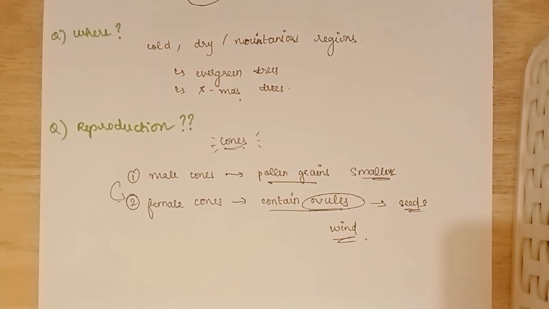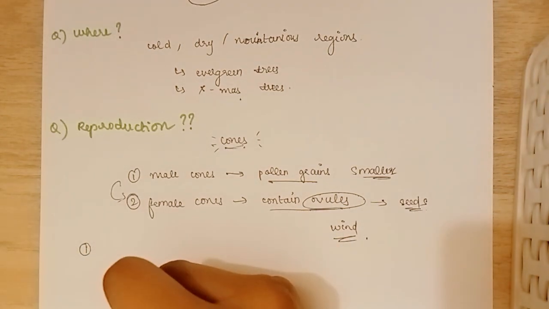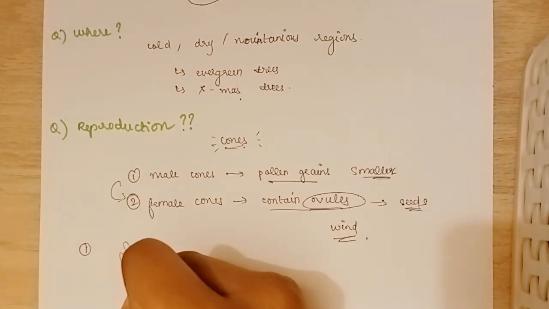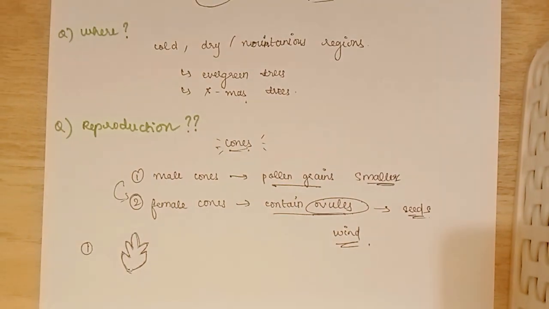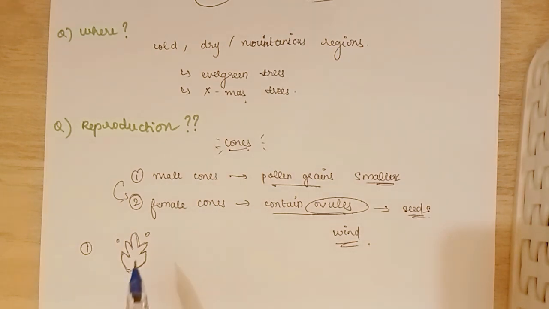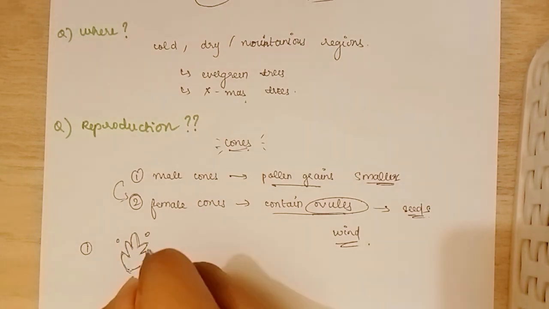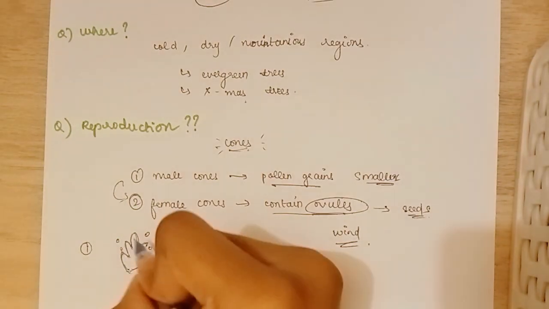Fertilization process in simple words is when the pollen grains land on the female cones. So imagine this is how I am drawing the female cone. This is the female cone. So the first step that happens is when the pollen grains from the male cones come and land on the female cones. Then what happens?